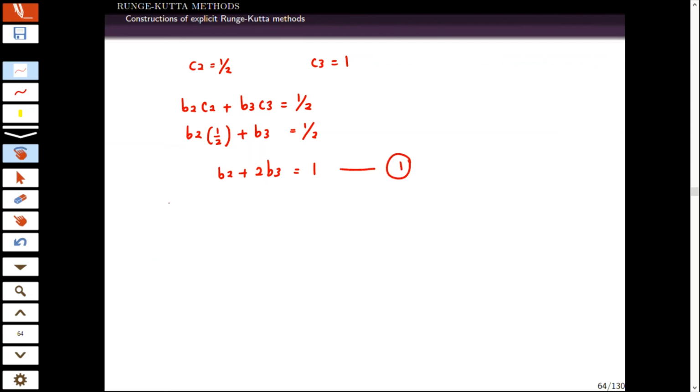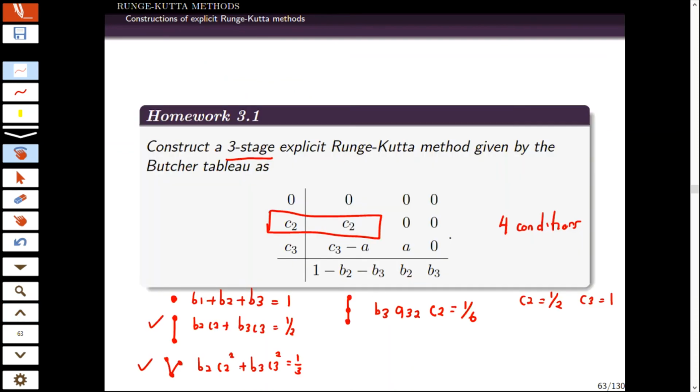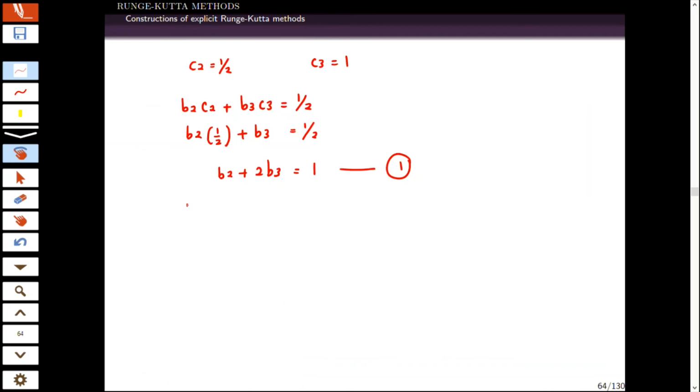Now we have the other condition for the bushy tree. B2 C2 squared plus B3 C3 squared equals 1/3. So C2 is half, so we have half squared plus B3 times 1 squared equals 1/3.